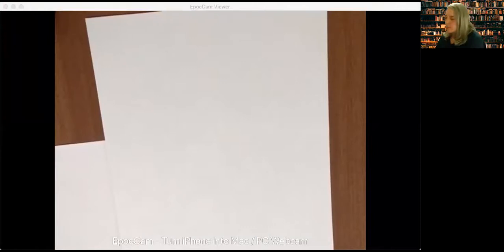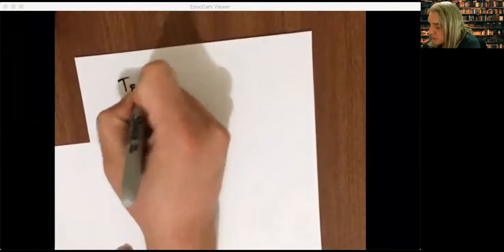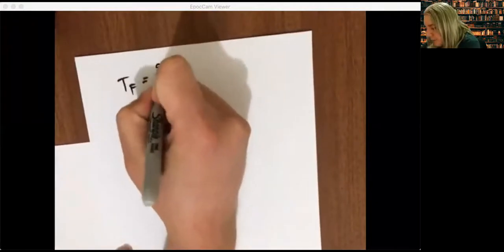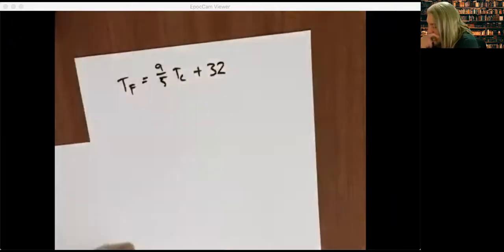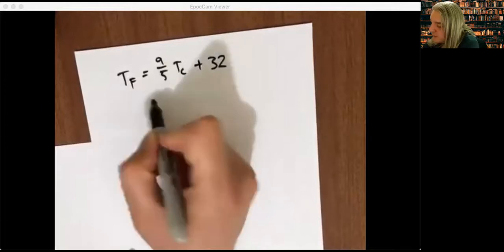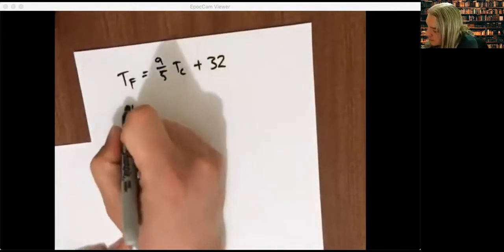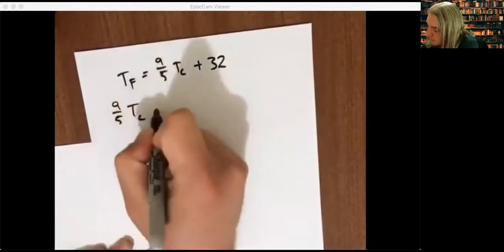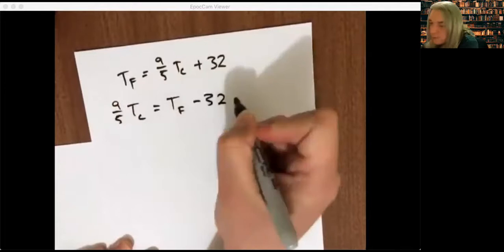So the equation, as I just said, is Fahrenheit temperature is 9/5 of the Celsius temperature plus 32. Since we've been given Fahrenheit, we want Celsius, so we have to rearrange this. We take 32 off both sides, so 9/5 Celsius is equal to Fahrenheit minus 32.